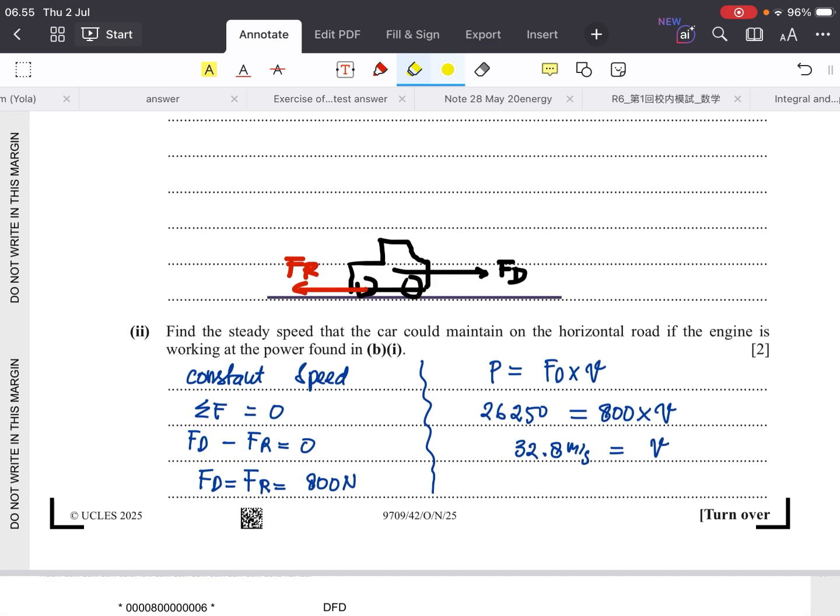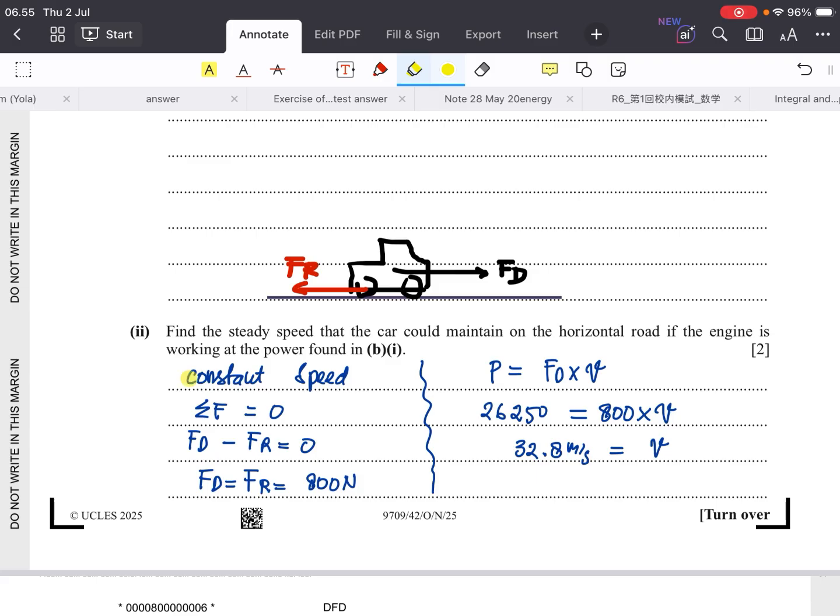And then for the next question, the second part of B. Find the steady speed of the car could maintain on the horizontal road if the engine is working at the power found in BI. So this is the diagram.